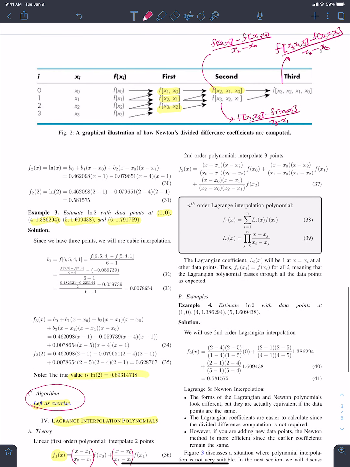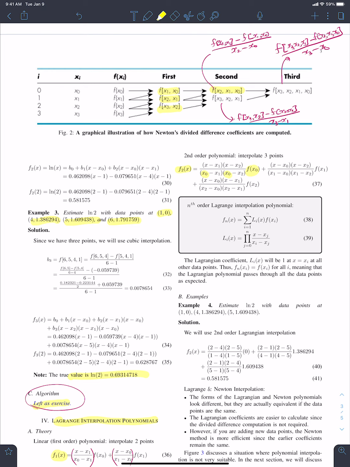For the second order formula, that is f2(x), that is (x minus x1) times (x minus x2). You see a pattern. If the function is f(x0), then x0 is not in the numerator, and on the denominator, it is x0 minus x1, x0 minus x2.